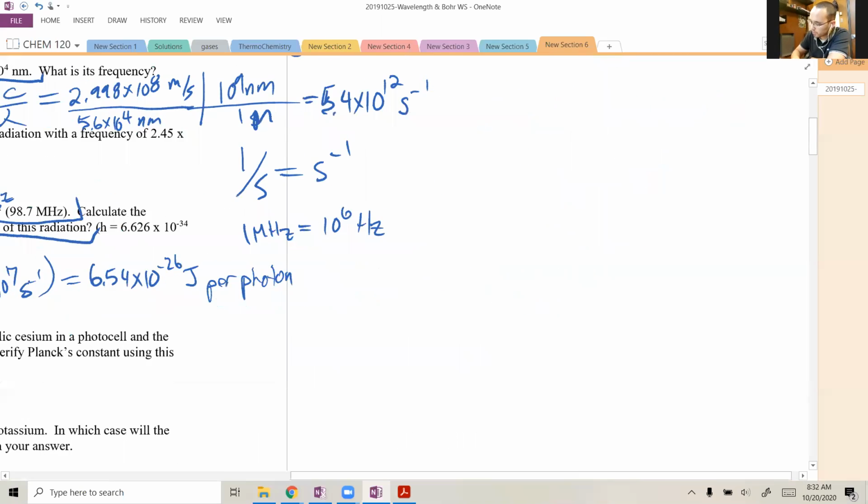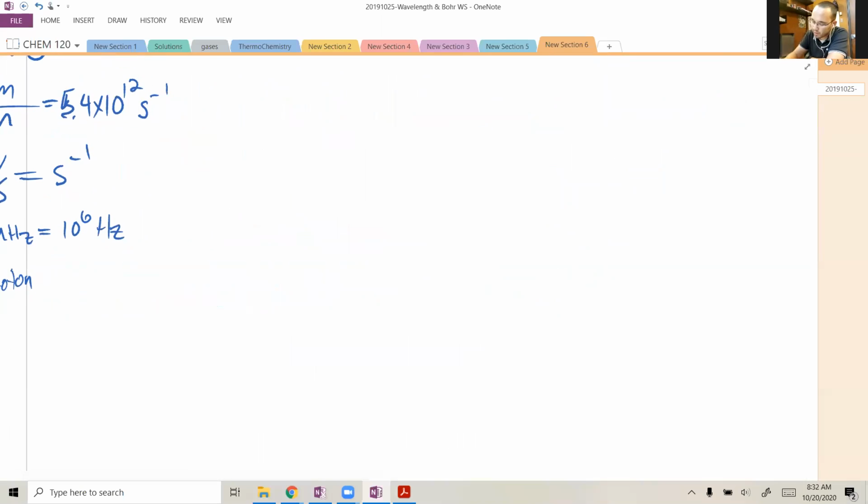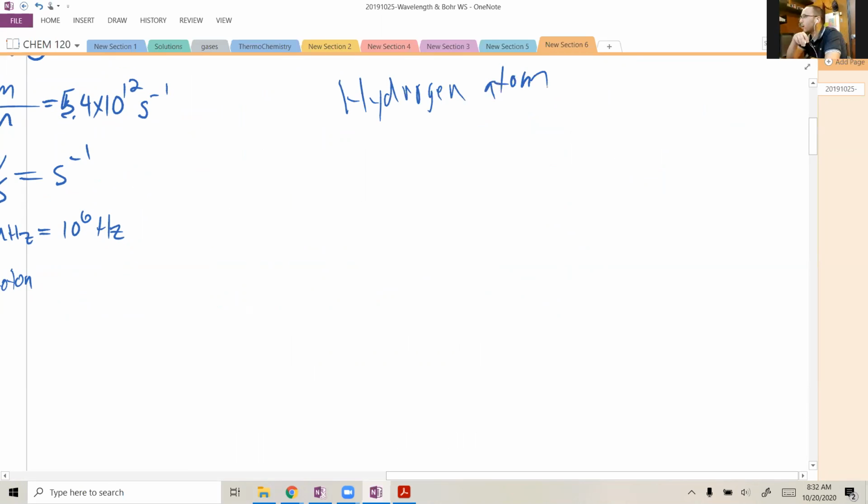So we're going to go off script a little bit here, and we're going to talk about the energy levels of a hydrogen atom. If we have the nucleus of a hydrogen atom, all of our different electrons exist in certain energy levels, because it's quantized.